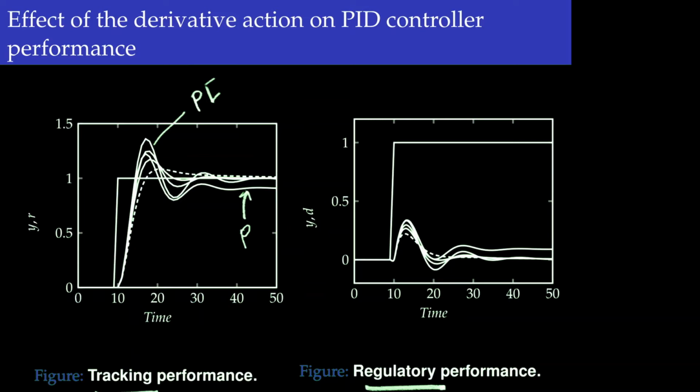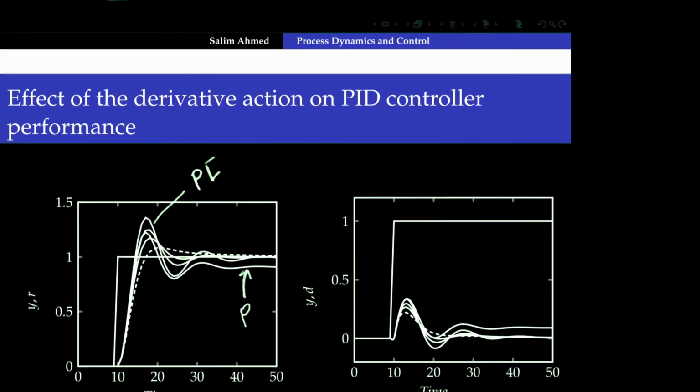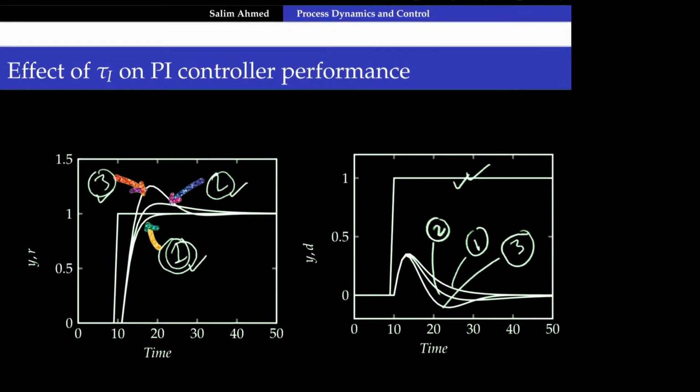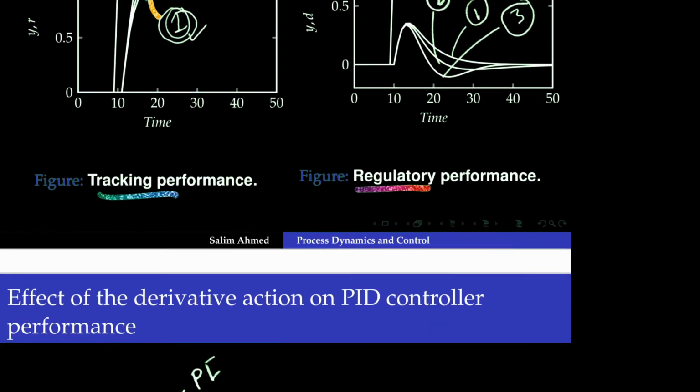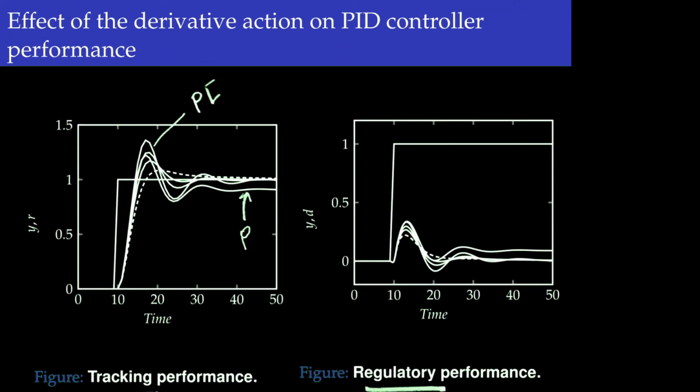Do remember that these two graphs and the other result shown here are not for the same process. Okay, they are for different processes. So for proportional control, there is an offset. For PI control, there is oscillation, and as the D action increases, the oscillation decreases. All of these other curves represent derivative action.